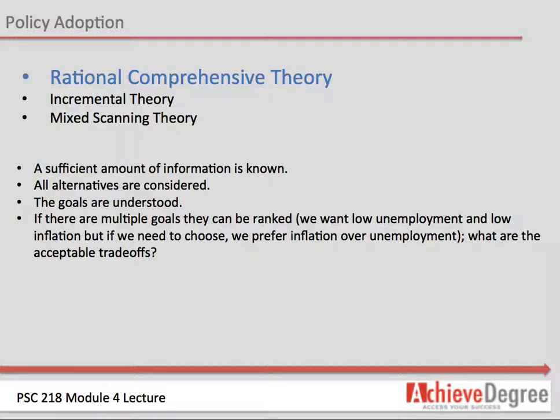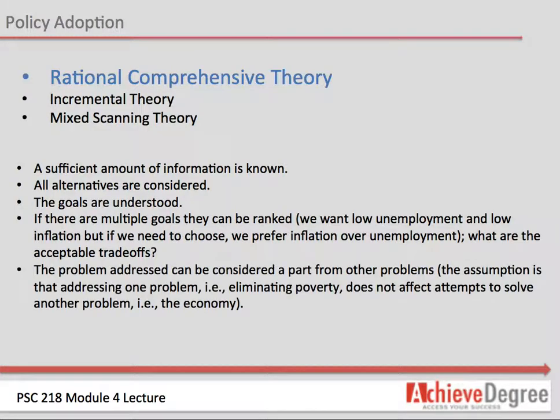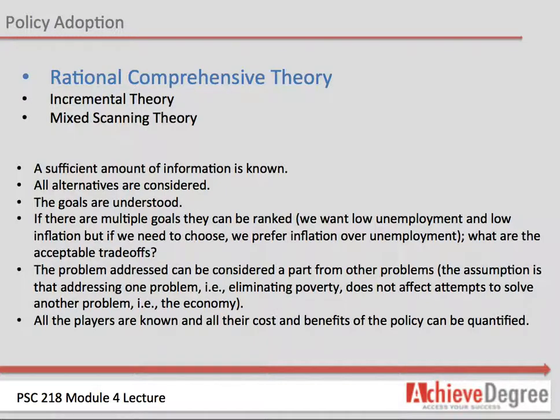What are the acceptable trade-offs? The problem addressed can be considered apart from other problems. The assumption is that addressing one problem, such as eliminating poverty, does not affect attempts to solve another problem, like the economy. All the players are known and all their cost and benefits of the policy can be quantified.